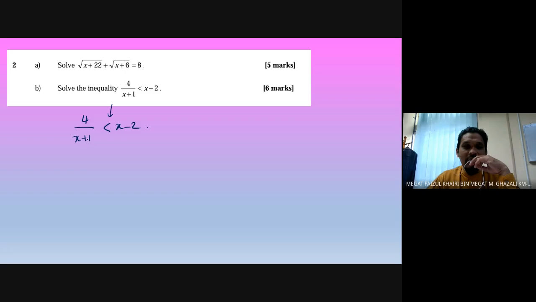So we cannot simply cross multiply x plus 1 with x minus 2 here. 4 times x minus 2 multiplied with x plus 1 is not allowed, please, because we are dealing with inequalities, not an equation. So the best thing we can do here now is bring this to the left side. 4 divided by x plus 1 minus, okay, x minus 2 less than 0.